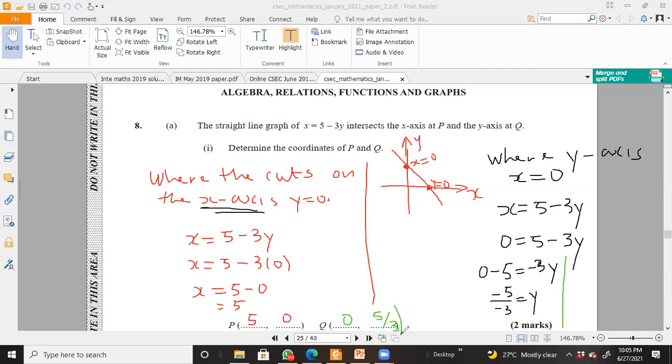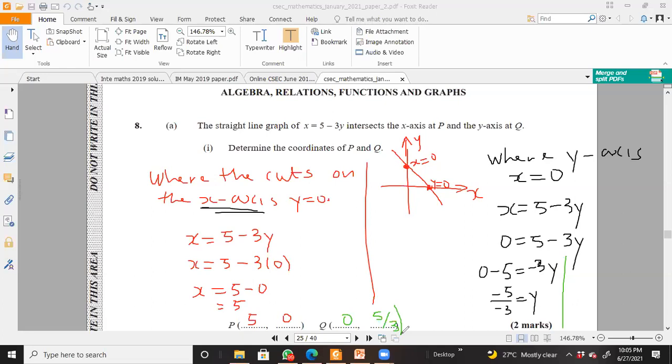When you say cut, what you know when it cuts is based off the graph intersect. Every equation of a line is supposed to pass through the x-axis and the y-axis. So once they give you the equation of a straight line, that straight line has to pass through the x-axis and what? Y-axis.